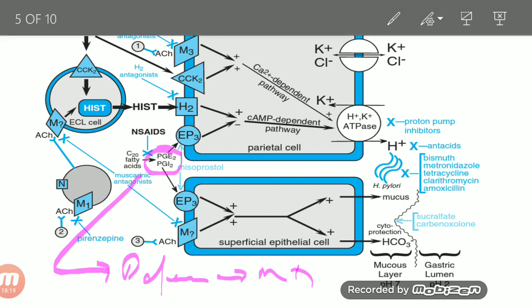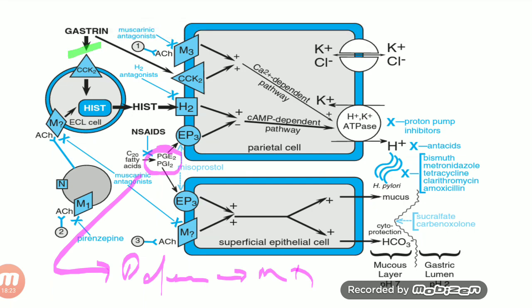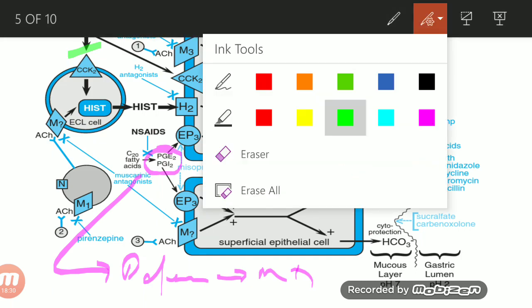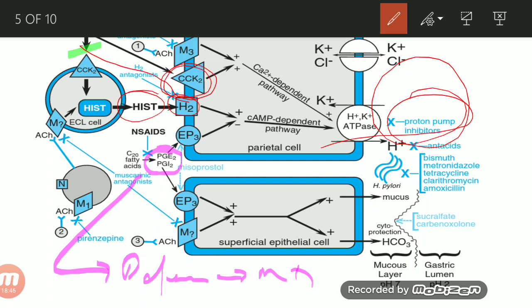So first one, over here, it is gastrin going and acting on your ECL, that is the enterochromaffin-like cell, causing liberation of histamine going and acting on your H2 receptor, causing release of your H plus ion. Indirect control. Direct gastrin going and acting on your CCK2 receptor, causing release of H plus ion.